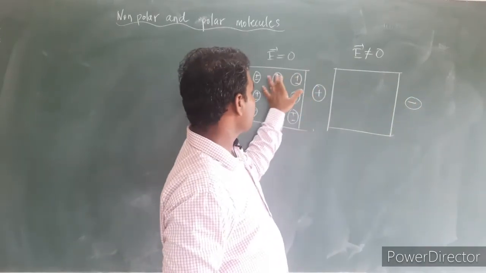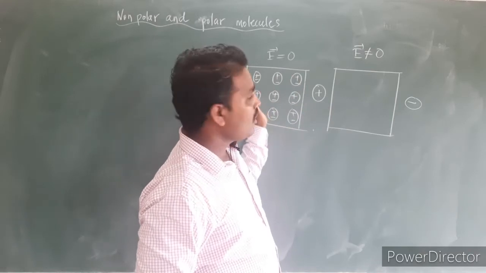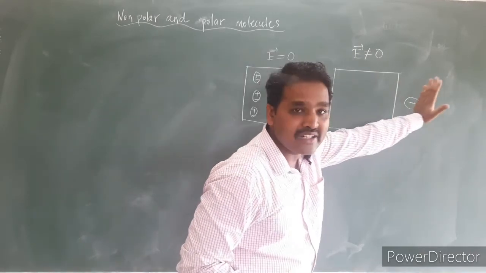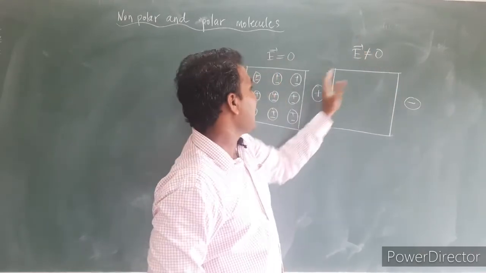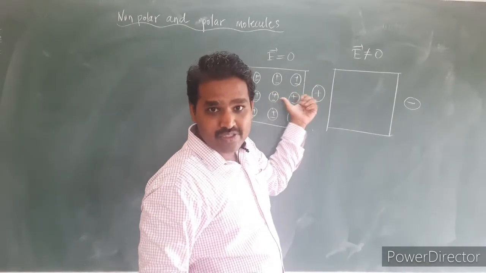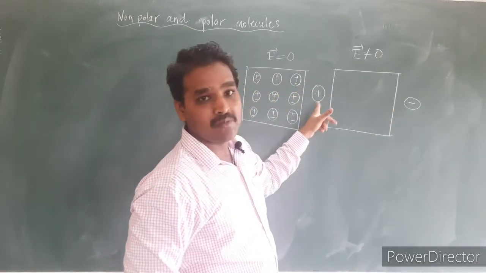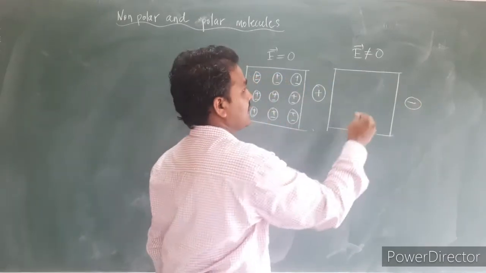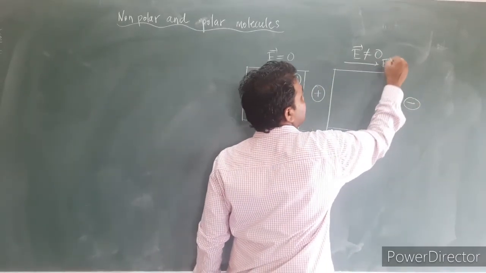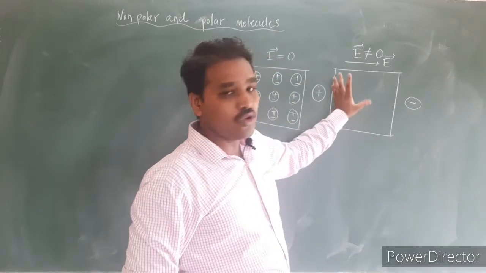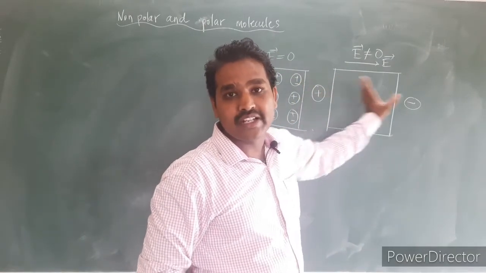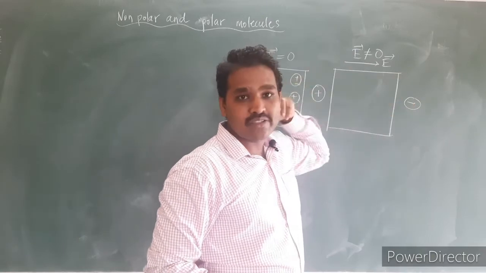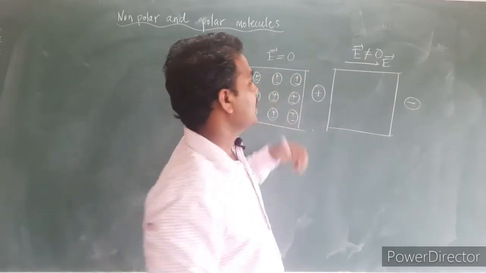So whatever positive charges are present in the molecule, all those positive charges drift towards the negative side of the source, and the electrons, the negative charges, drift towards the positive side of the source. So electrons will move in the opposite direction of the electric field. Let us consider this is the direction of the electric field. The positive charges will move in the direction of the electric field, and the negative charges will move in the opposite direction of the electric field.